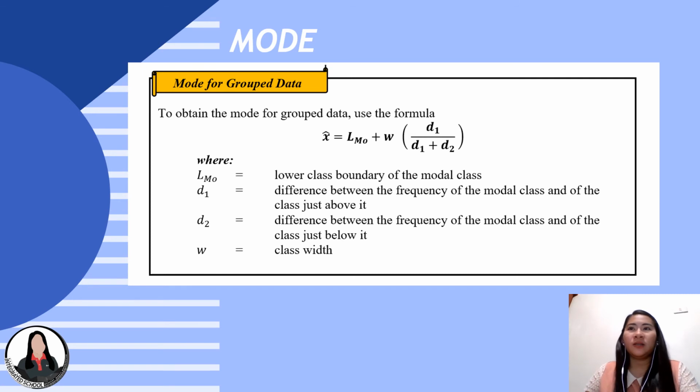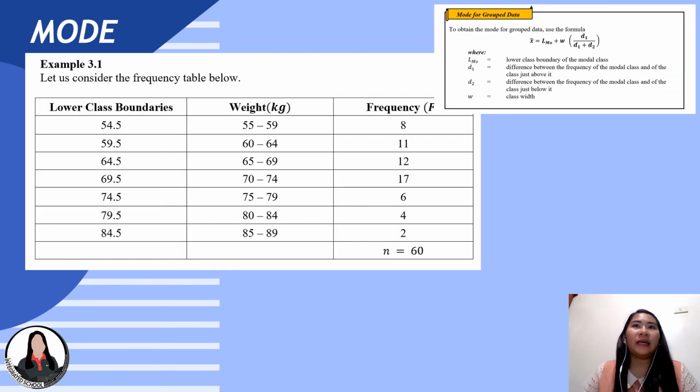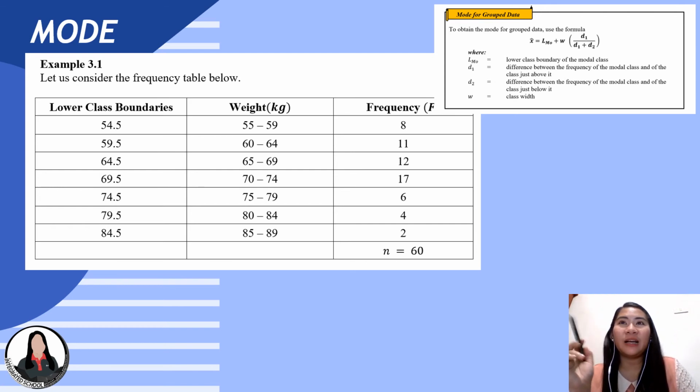Okay? So, para mas maintindihan natin siya, let us use this sa isang specific example. Naka-flash na dyan kung ano yung ating formula na gagamitin para mas mabilis nating matandaan yung mga kailangan na values. But first, kagaya na nasabi ko kanina, we have to obtain the modal class.